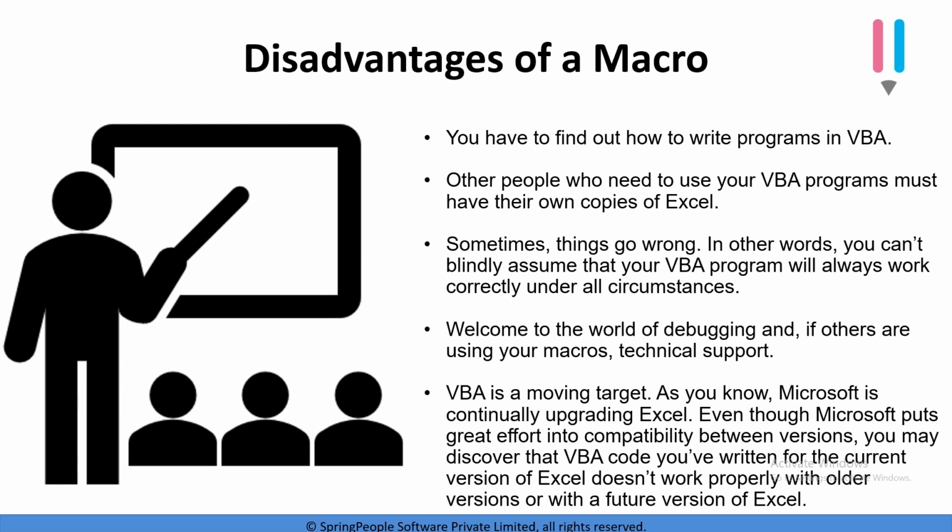It's been known to happen that it's a 50-50 chance that the VBA code that you've written for the current version will not work with the older version properly, or with any future version properly. It's been known to happen as well. So there are fine tunings that we actually work with and get it to work. But yes, you have to be able to fix all of that by learning how to write VBA code.